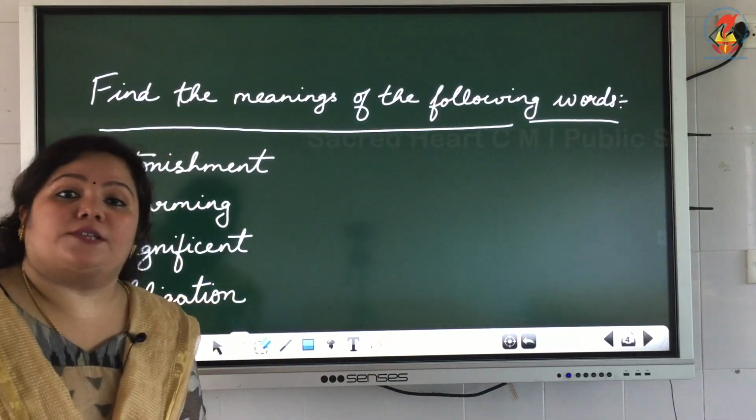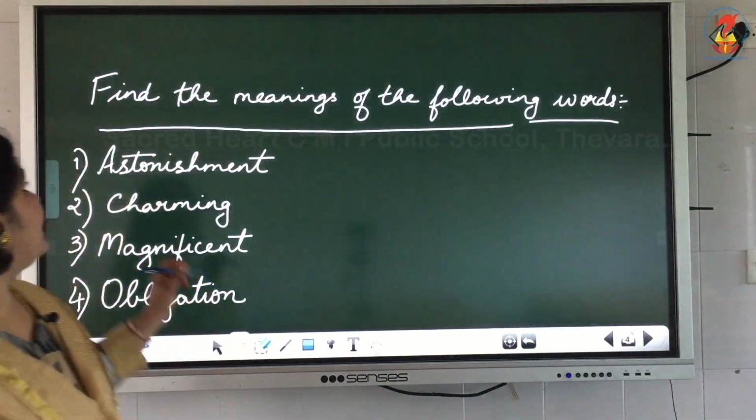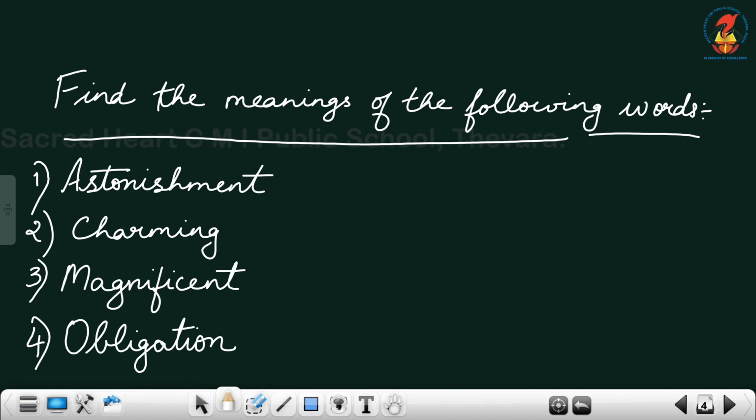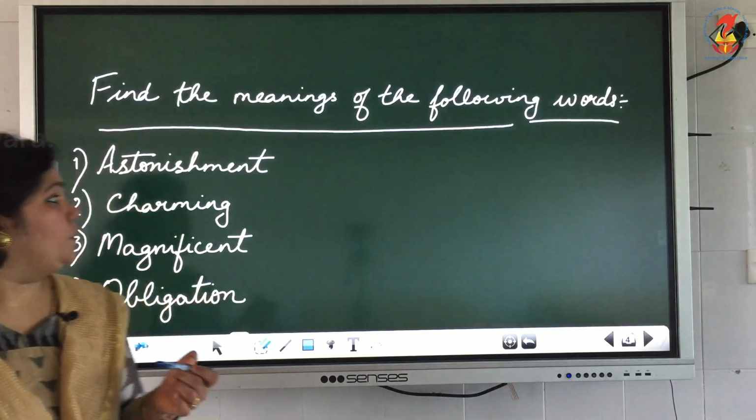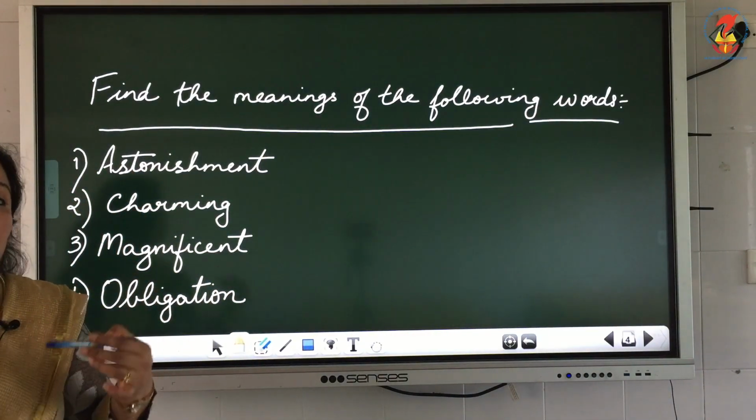So, I'll give you a small task. I hope all of you will do this seriously. Find the meanings of the following words. I've given you some words over here. You are supposed to find out the meanings of these words, children, from the dictionary. And also you can find out the origin of the word or how to use the word.